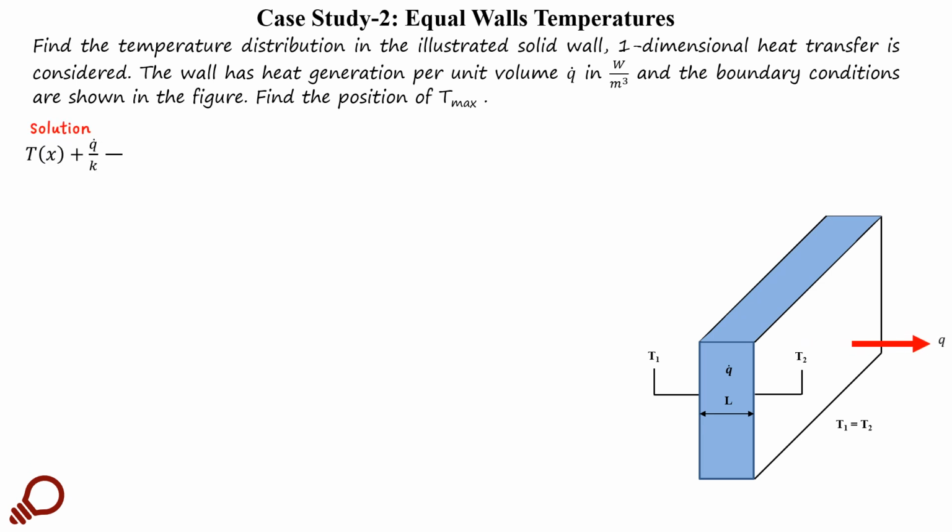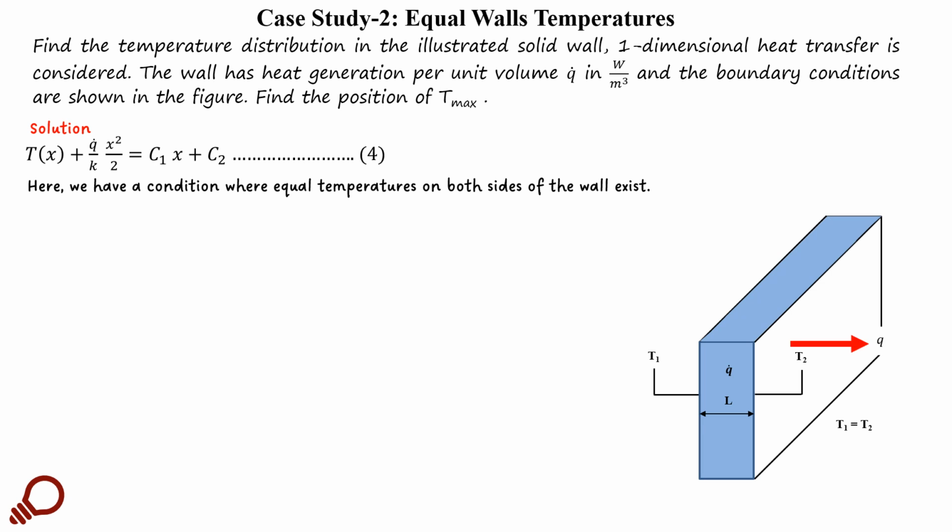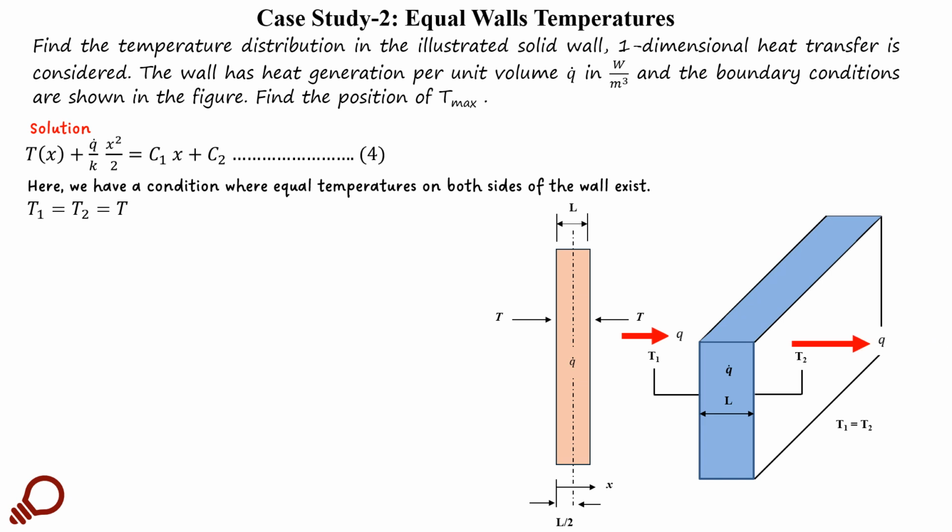For the solution, we have the magic equation, represented by equation 4, and we need two boundary conditions to get the final form of temperature distribution. We have T1 equal to T2, which equal to T, as shown in the figure.